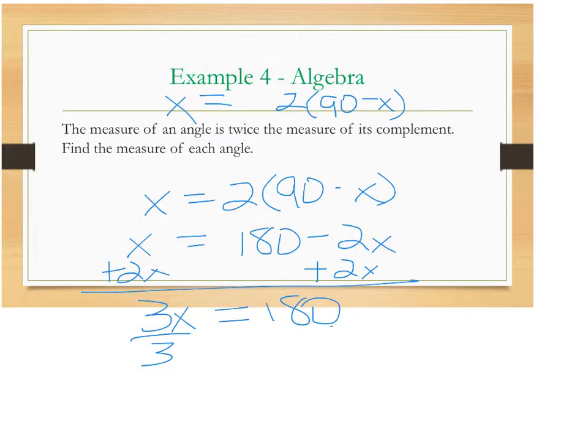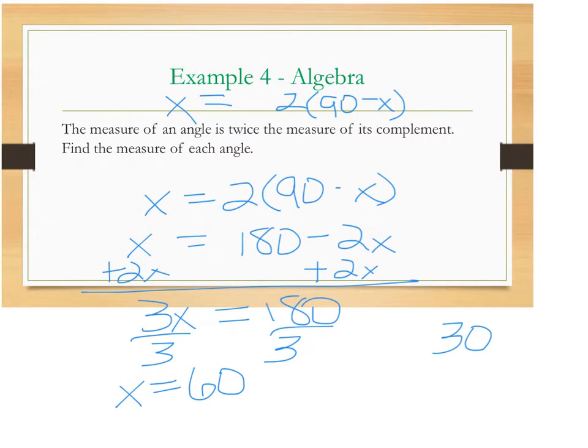Divide by 3. I find out that my angle is 60 because it was twice its complement, and we could tell that its complement was 90 minus 60, so the complement was 30. Everybody good on that one? Yes. Why did you do 90 minus x?